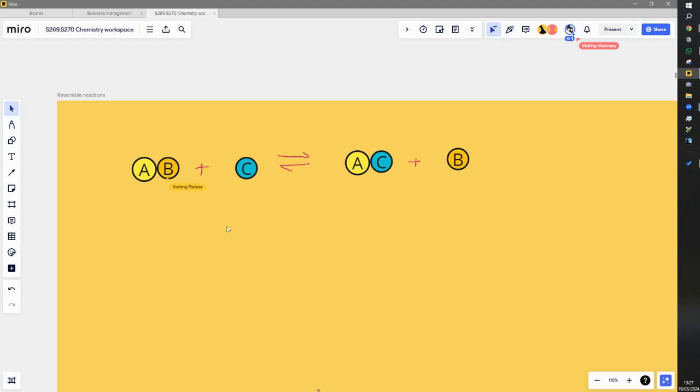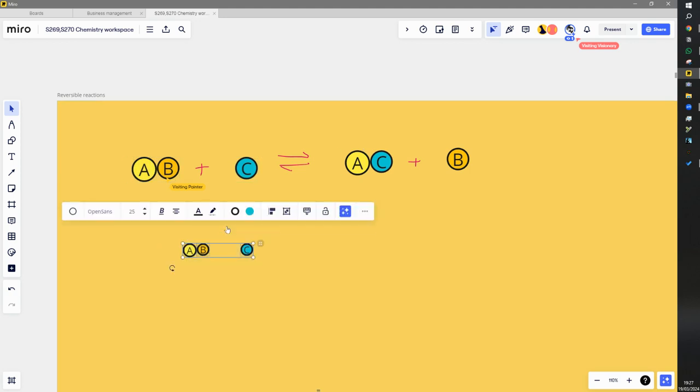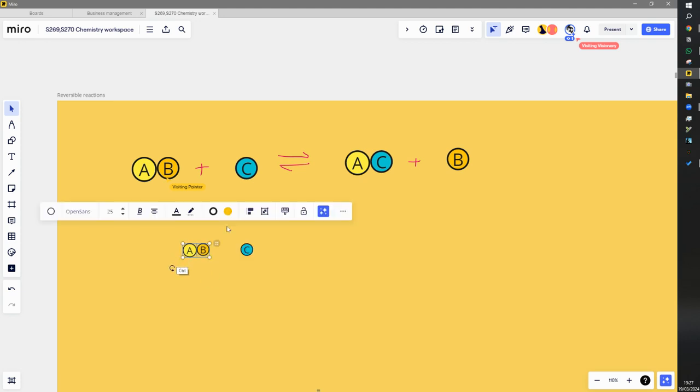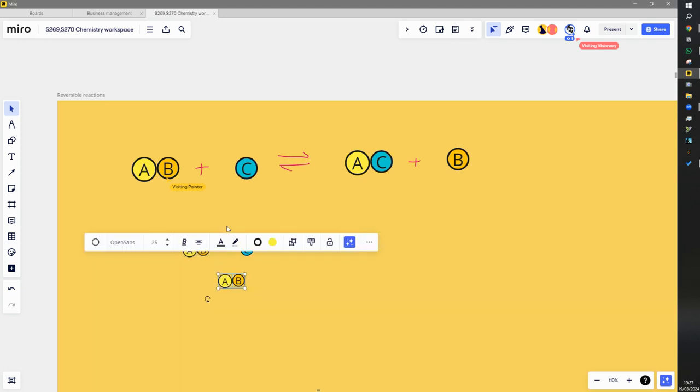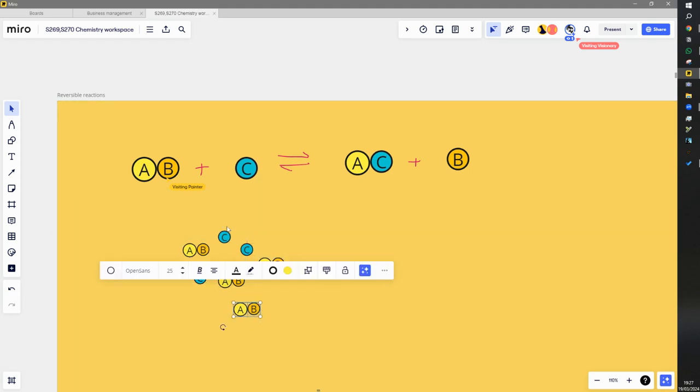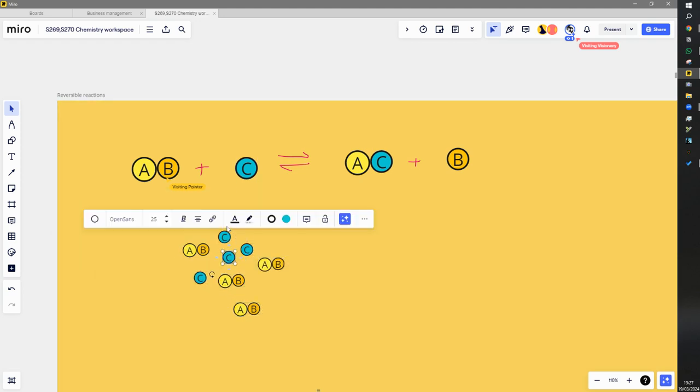Let's imagine we had lots of these. So we'll shrink this. Let's make the border a bit thinner as well. So we've got loads of these, just all over the place, right?